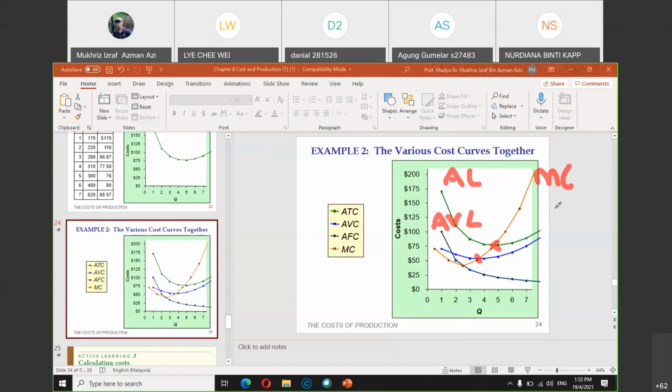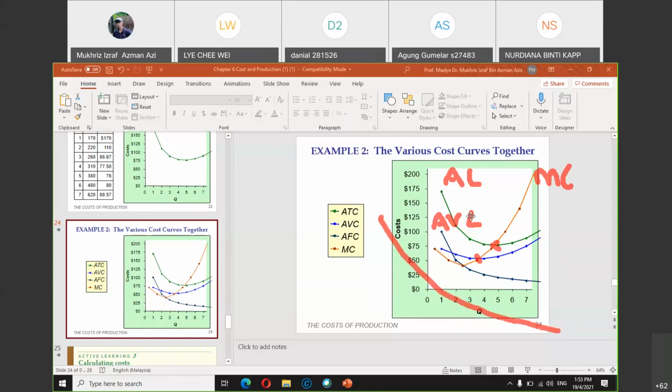So MC, by definition, will only cut AC at its minimum, and MC will only cut AVC at its minimum point. But for average fixed cost, it is not necessary to cut at the minimum, because average fixed cost has no minimum point, since the curve keeps on declining.